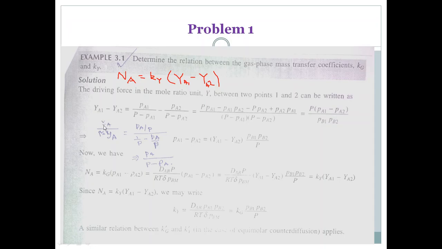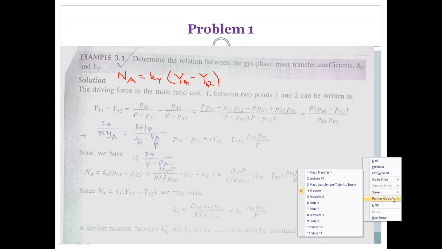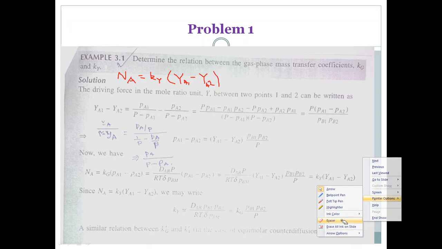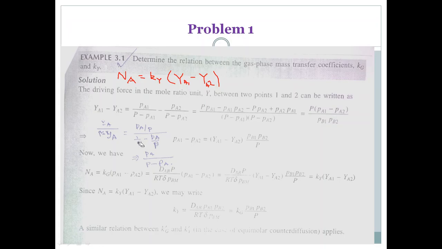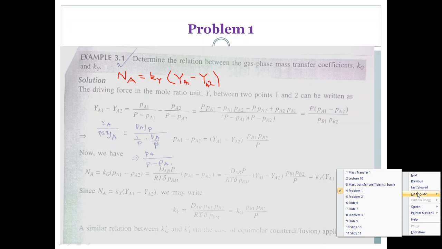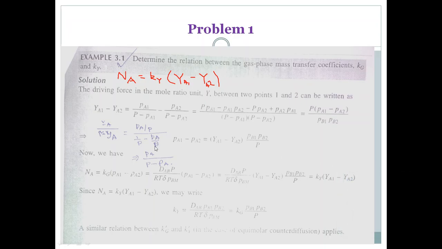So ya equals pa by total pressure P, and 1 minus ya equals (P minus pa) by P. Then it will come as pa over P divided by (P minus pa) over P, and P will cancel out.